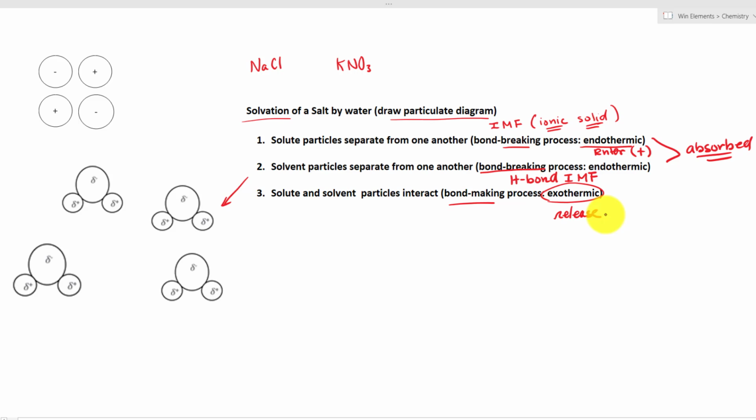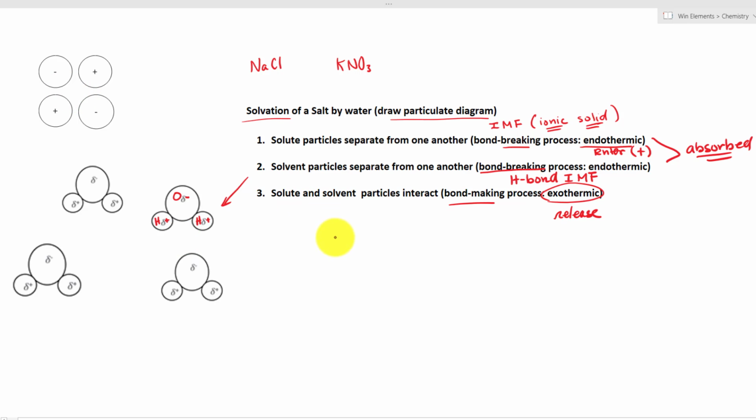On your test, you are going to be asked to draw out the solvation in terms of step 3. The way this works is that you see how the water molecule has a partial negative and a partial positive. This right here is your hydrogen, this is your oxygen, and this is your hydrogen. Negative attracts to positive and positive attracts to negative.